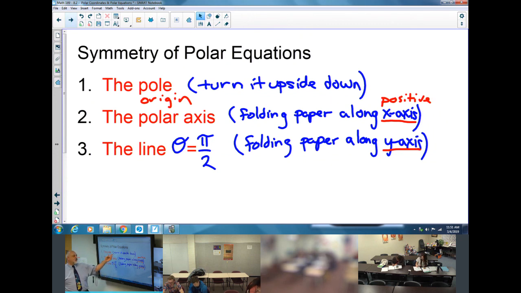Those are ones where if you turn it upside down and you get the same graph, it's symmetrical through the pole. Then you have symmetry through the polar axis, where if you fold the paper along the positive x-axis and one side is the mirror image of the other, it's symmetrical along the polar axis. And then the one that we just did, symmetry through the line theta equals pi/2, is like symmetry along the y-axis in Cartesian.